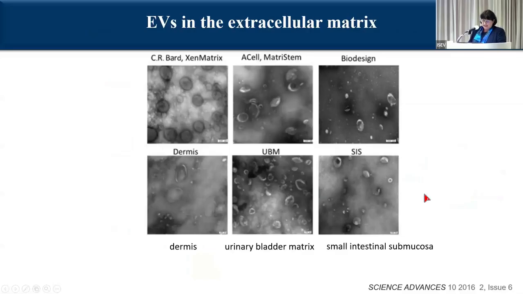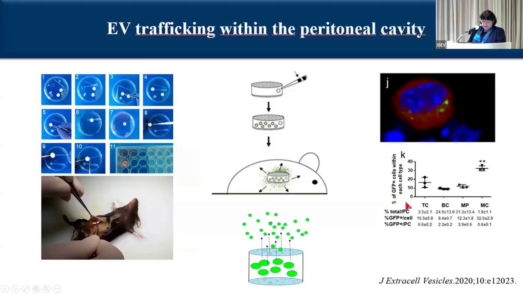How do we know that indeed in these different tissues, in different matrices, we have vesicles? If you apply proteinase K digestion to commercially available matrices or real normal matrices, at the end you end up with vesicles, suggesting that these vesicles are there and they are retained within the matrix of these specimens.